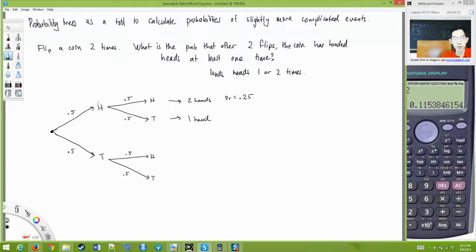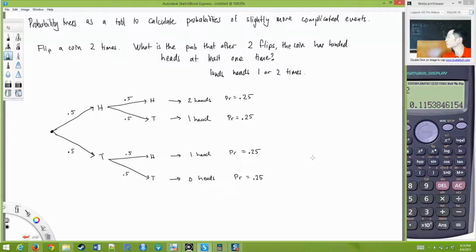If my first coin flip is heads and the second one is tails, at the end I have seen a total of 1 head, and the probability of that happening here is 0.25. Over here I see tails first and then heads, so I get a total of 1 head as well, and the probability is 0.25. And lastly, I get tails and tails. I have 0 heads, and the probability of that happening is 0.25.